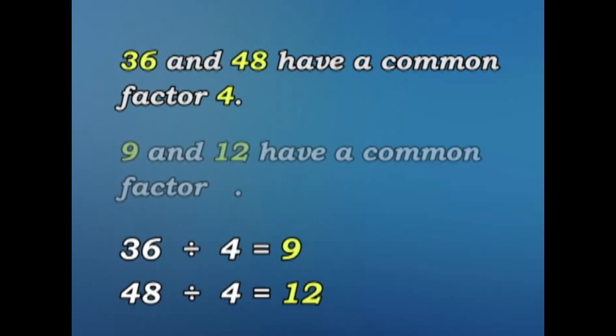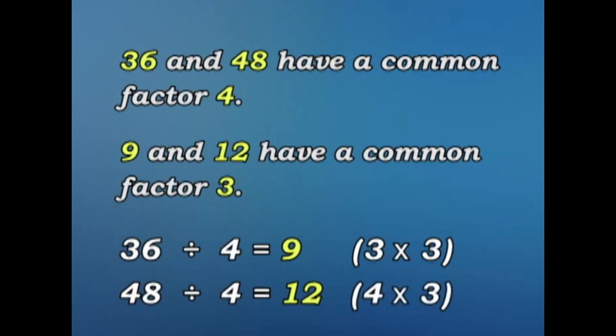But you see, 9 and 12 have a common factor. And that factor is 3. How many 3s make 9? 3 times 3. How many 3s make 12? 4 times 3.